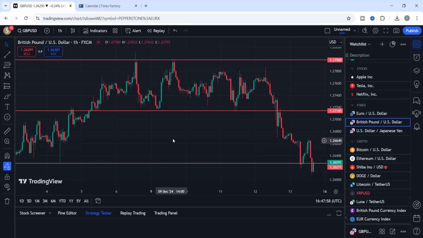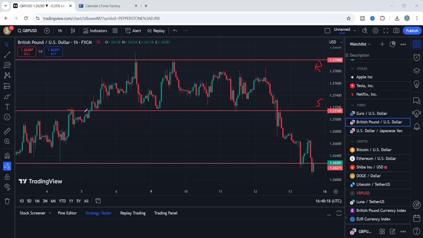Now, GBPUSD is one of the instruments that we've been talking about for a while. And we've been looking at these areas of interest, where we said it's between here for resistance and between here for support. So we saw the bounces here.